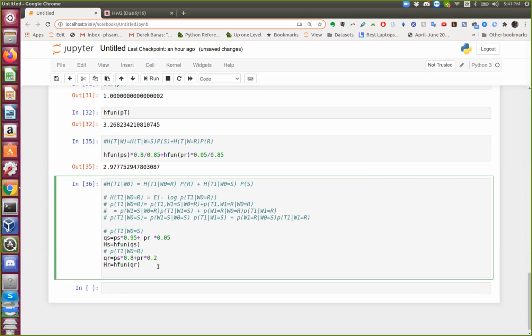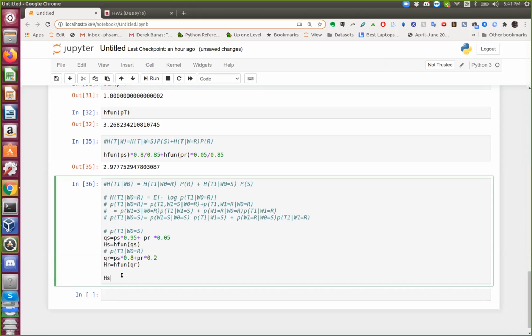Then the final entropy will be just equal to this one. Right? This one is actually this guy here. Actually, I don't know why I introduced this HS and HR. It's totally not needed actually.